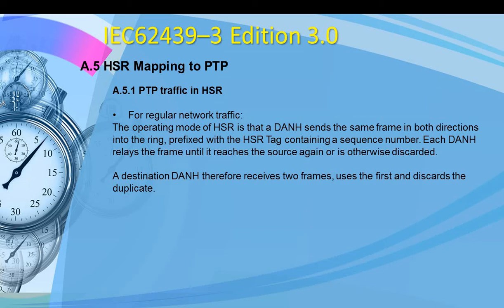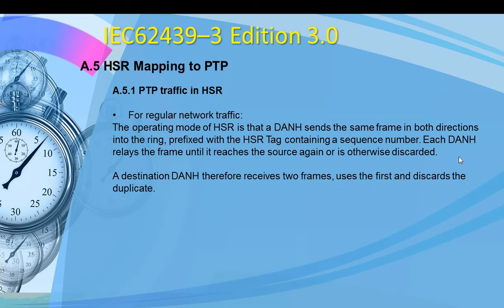Compared to regular traffic to the PTP, for the regular network traffic, the operating mode of HSR is that a DANH sends the same frame in both directions into the ring, prefixed with an HSR tag containing a sequence number.